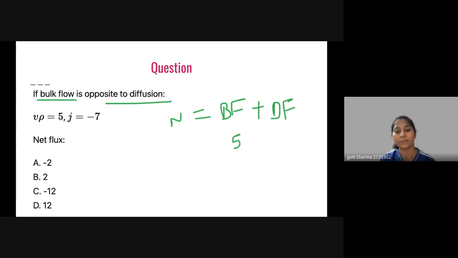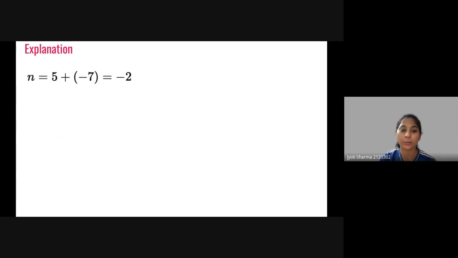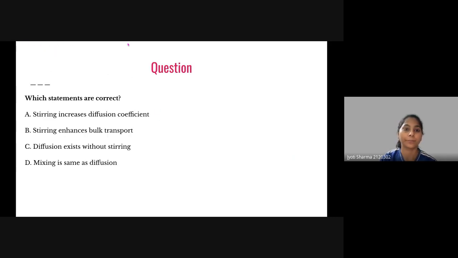So 5 plus minus 7, is it? Your net flux is equal to the sum of bulk flow plus diffusion flux, right? So it should be minus 2, is it? This negative sign itself shows you where it is moving. So that's why A is the right one. Okay.